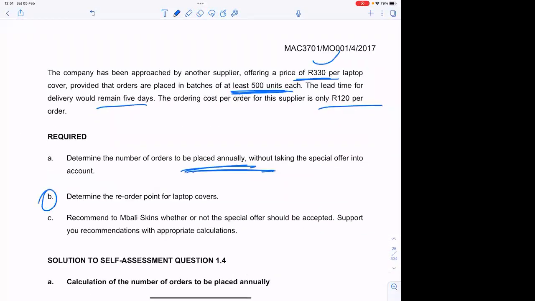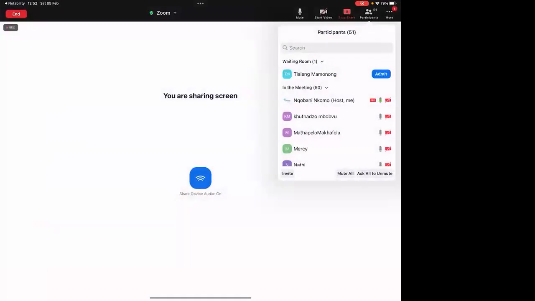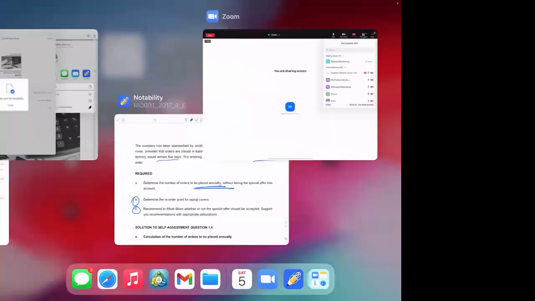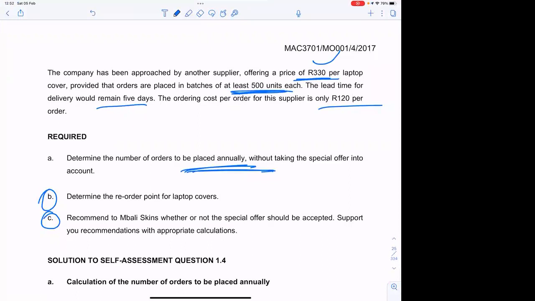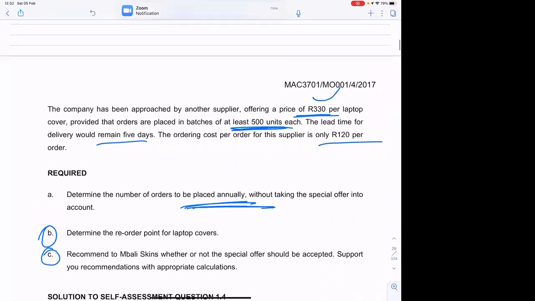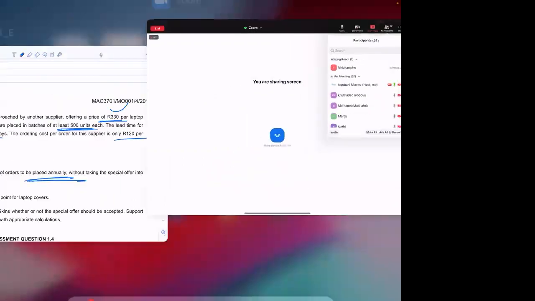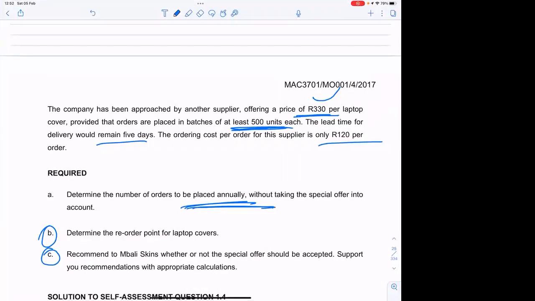Determine the reorder point. Okay, can I do the reorder point after C? Recommend to Mbali whether or not the special order should be accepted. Support your recommendations with appropriate calculations. We can see now, good people, a special supplier came to them and offered 330 if they order 500 units.